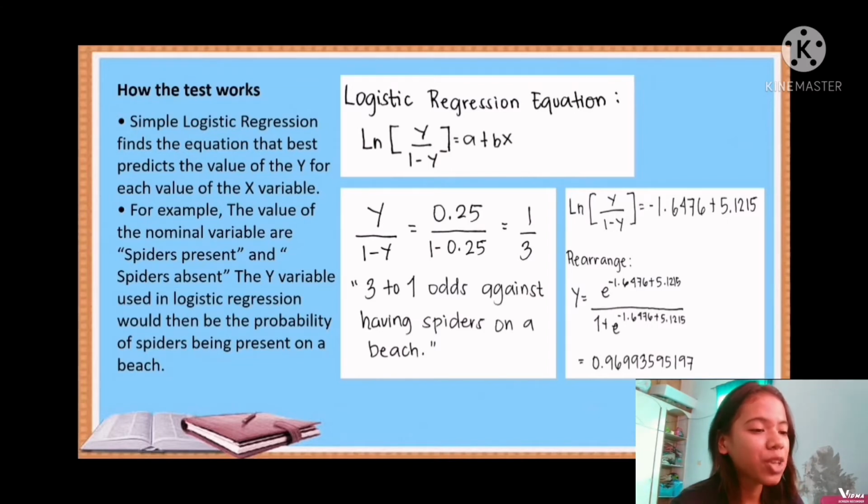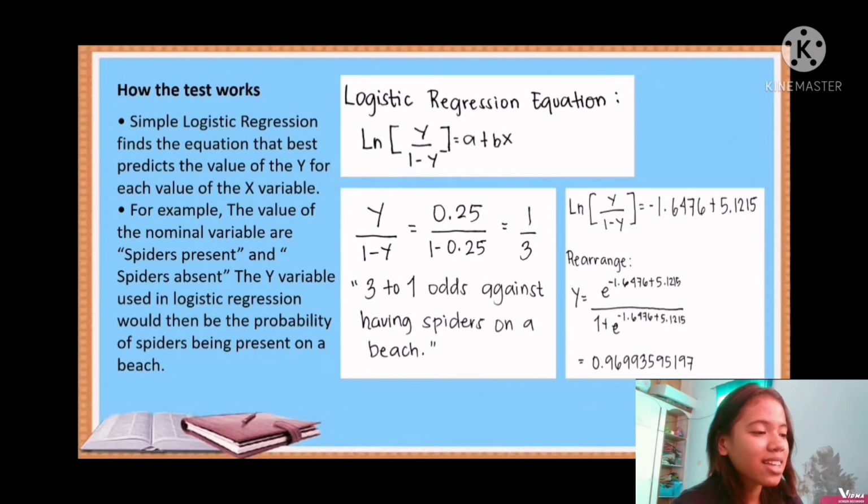You find the slope b and intercept a of the best fitting equation in a logistic regression using the maximum likelihood method rather than the least squares method you use for linear regression. Maximum likelihood is a computer-intensive technique.